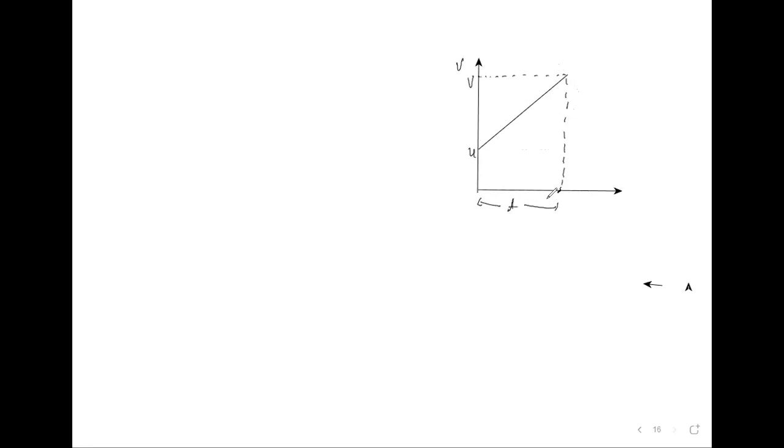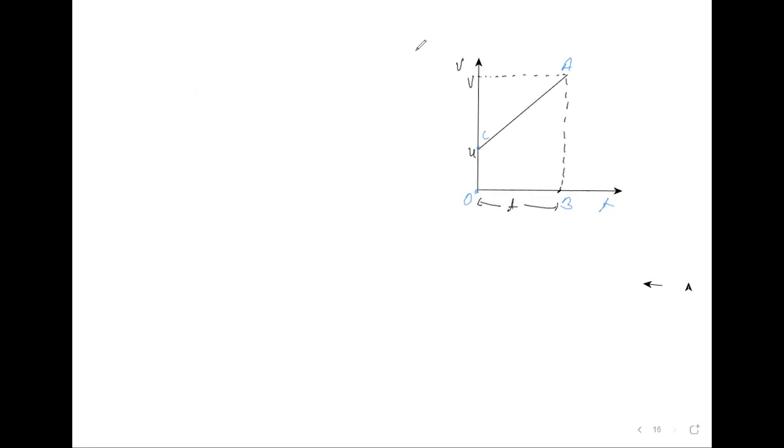This is time t. And the area under this curve, we are naming it as A, B, O, and C. A, B, O, C is the trapezium. This is also a velocity time curve.